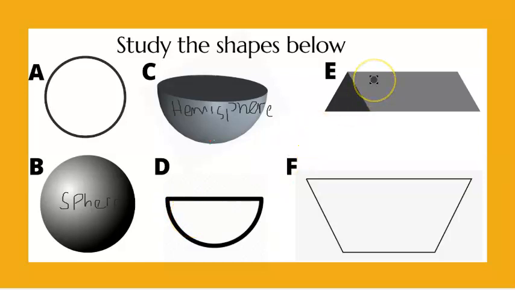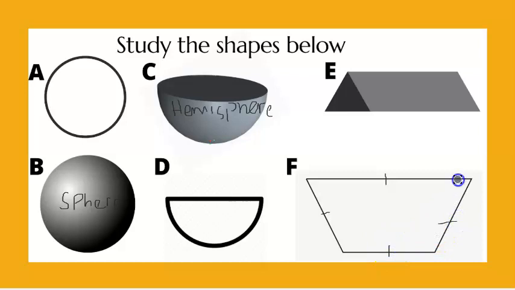Okay, I have E called a prism, and I have F, a quadrilateral. Now this quadrilateral has a name. The name of this quadrilateral is what we call a trapezium. All quadrilaterals have 4 sides, 1, 2, 3, 4 sides.